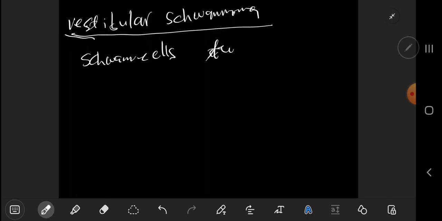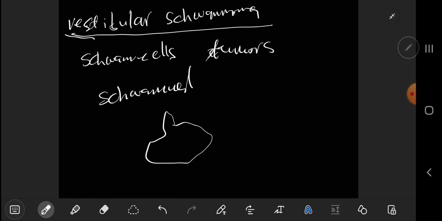Just as a reminder, the Schwann cells are the cells that compose the axon of the neuron. If there is a neuron, it has its axon, and the axon has the nodes of Ranvier.